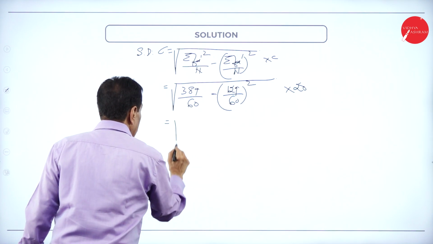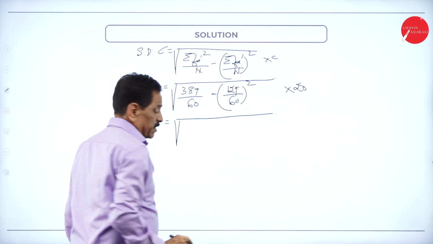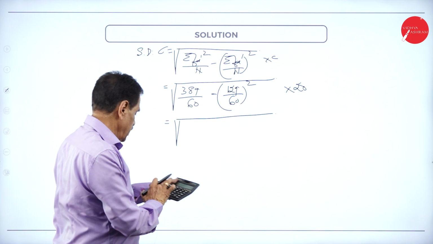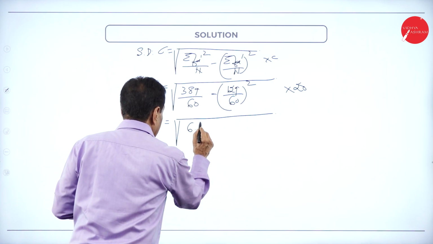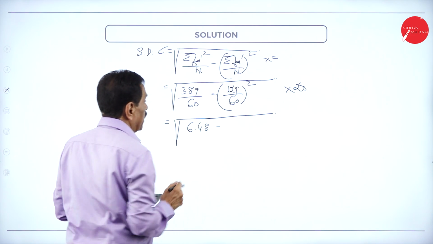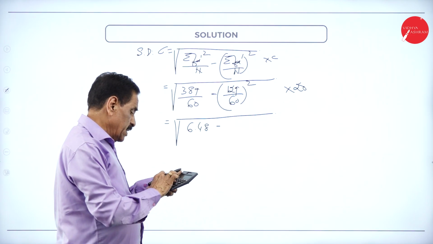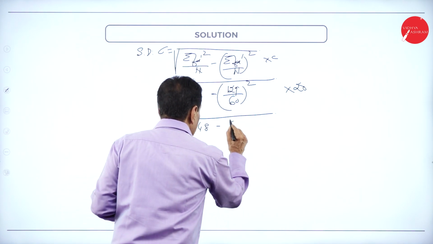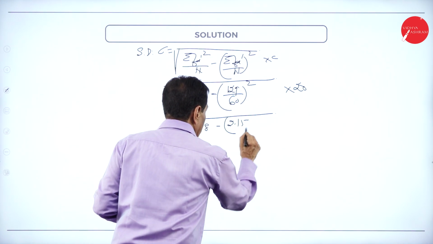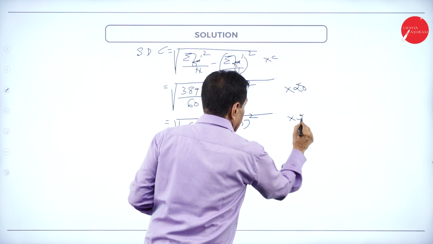This is root of 389 divided by 60, 6.48, minus 129 divided by 60, 2.15 whole square, into 20.